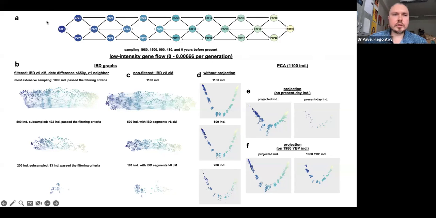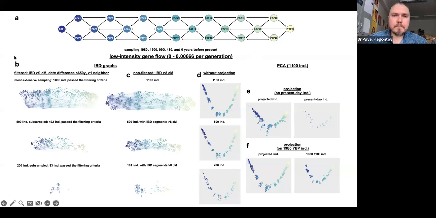The longer one on X, the shorter one on Y. And of course, PCA at various levels of subsampling can easily resolve the longer dimension, which is coded here by this color gradient. But it has troubles resolving the shorter dimension, which is not surprising. These demes exchange migrants pretty actively, and they're pretty similar to each other.